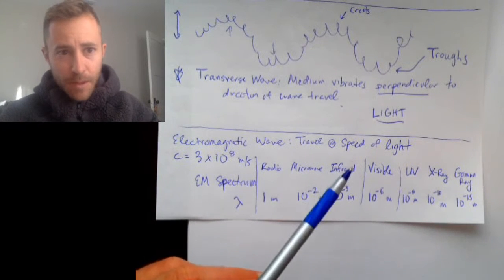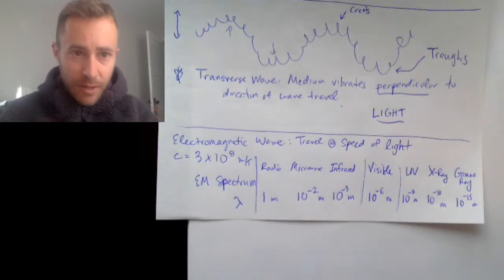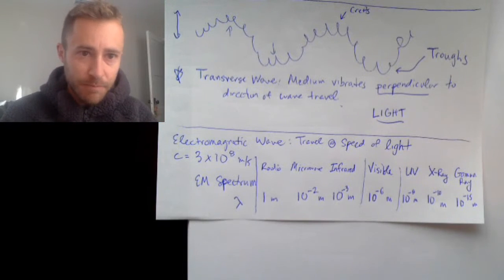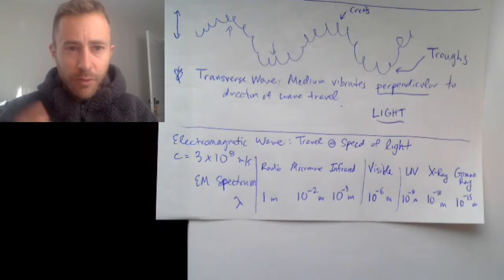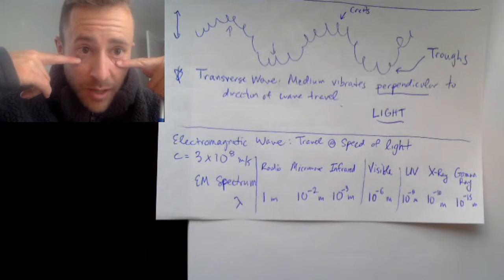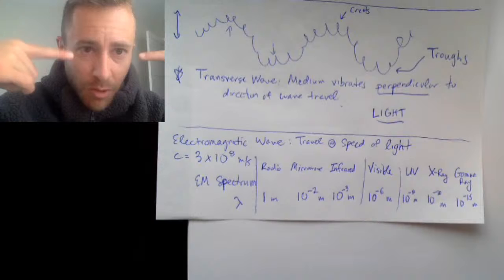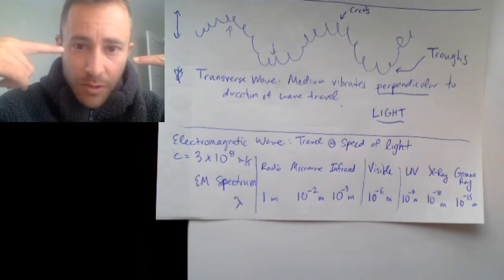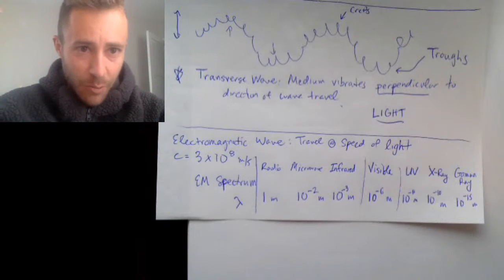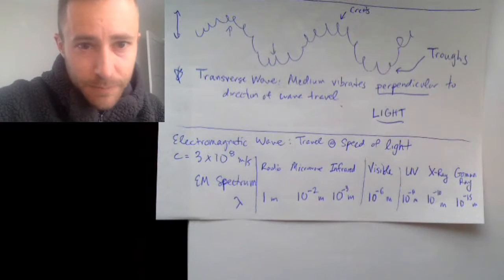Interesting point: the sun emits mostly visible light. So if we think about evolution, why can we see visible light? It's because our eyes have evolved to be the most sensitive to the type of light that our star is producing.